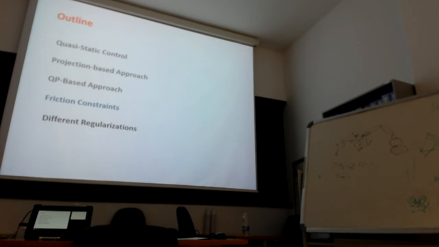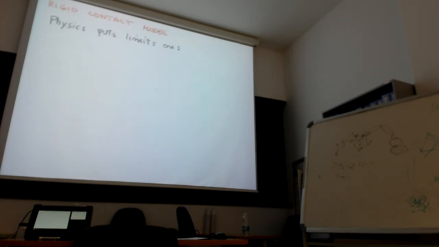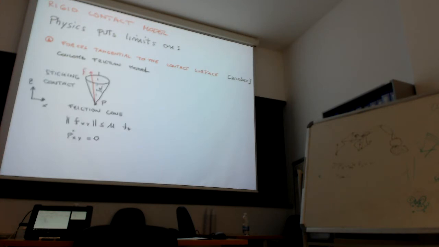Now, what physics dictates? We already saw this briefly in the early lectures. There are some limits on the tangential forces to the contact, the component of the force tangential to the contact surface, and this is using the Coulomb friction model.